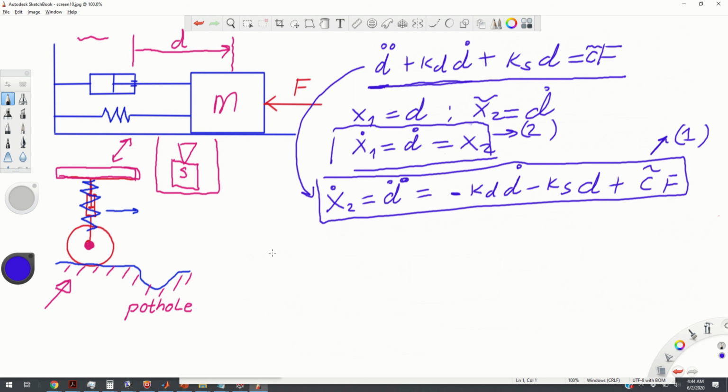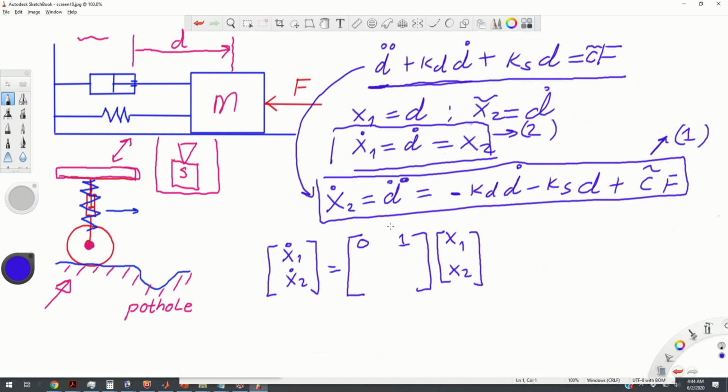Now we can group them together in a vector, so we can write down zero, 1, so this is our first equation, and the second one, let's see what happens here. So the second equation, x2 dot, can be written minus kd. This term here is nothing less than x2, right?